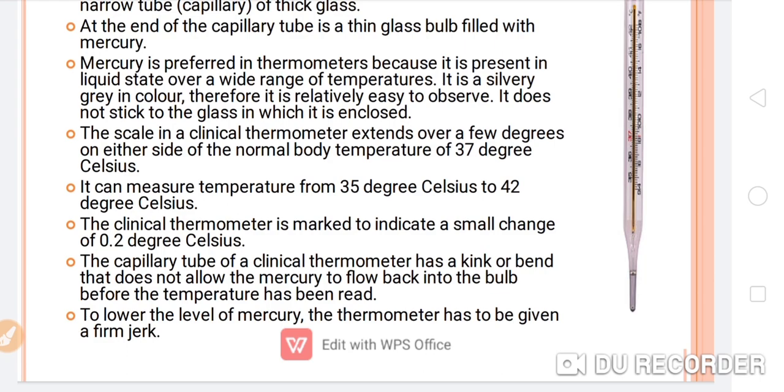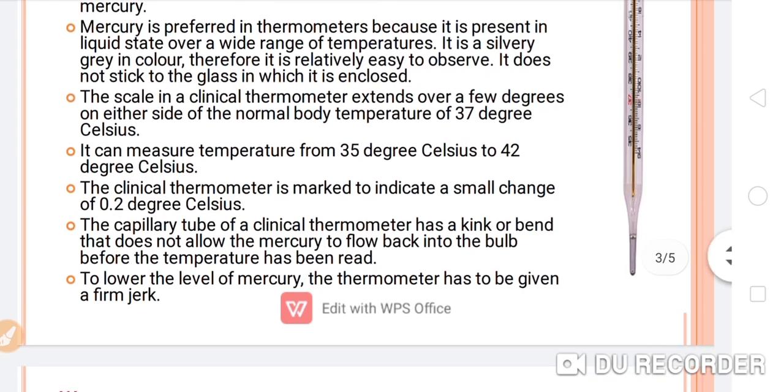Therefore, it is relatively easy to observe, means you can easily identify the temperature because of its specific color. It doesn't stick to the glass in which it is enclosed. So this is another advantage of mercury.